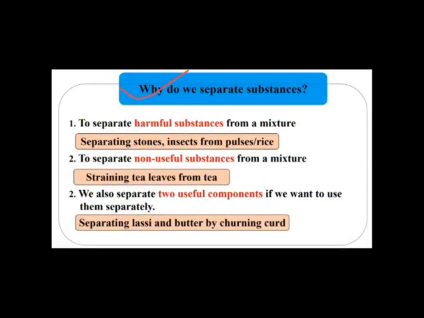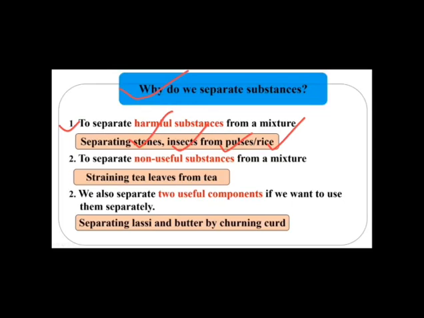First is to separate harmful substances from a mixture. Generally we separate the stones and insects from the pulses and rice which we have to cook. Before cooking, we have to separate these harmful substances from the pulses and the rice.